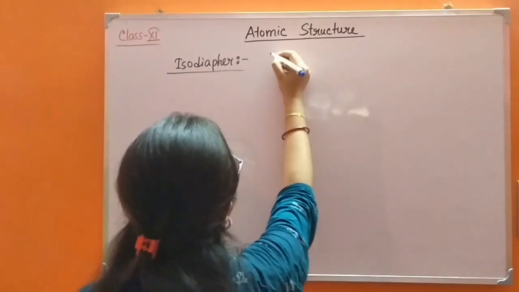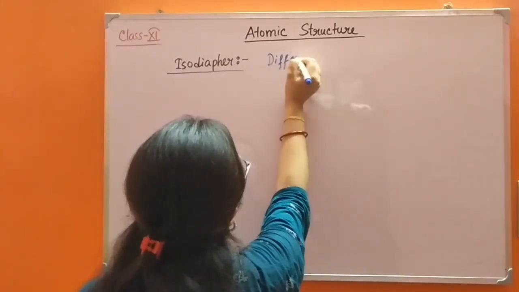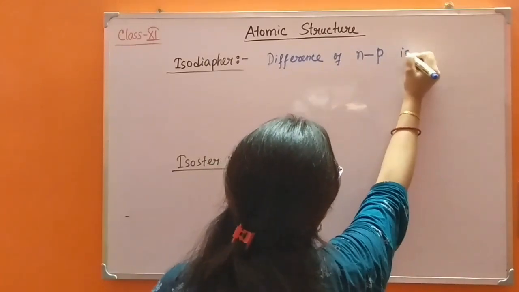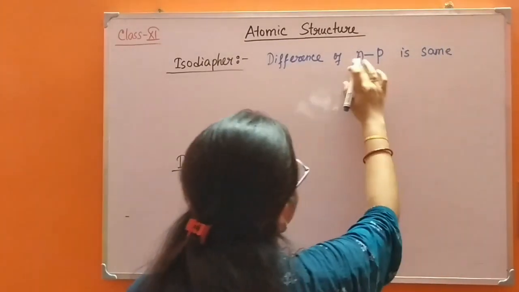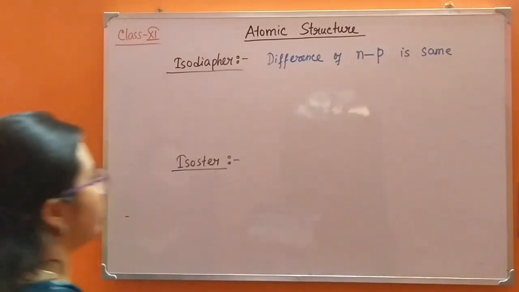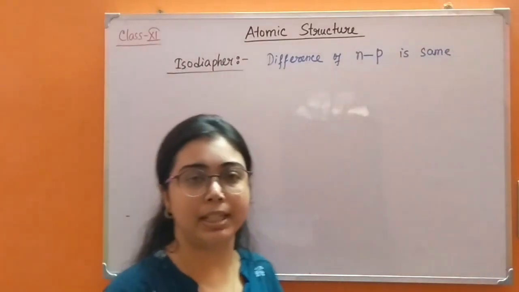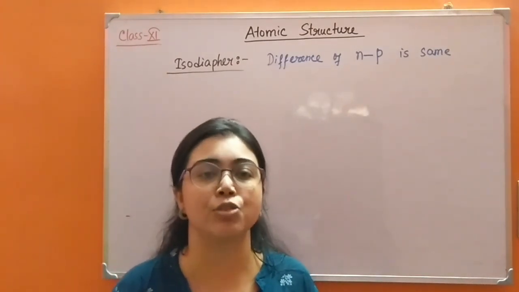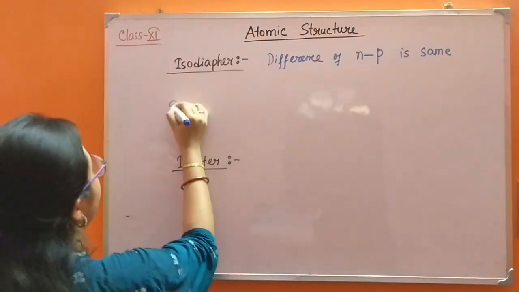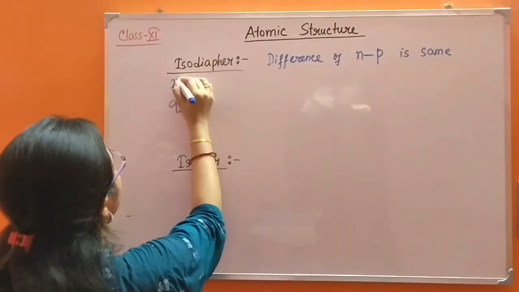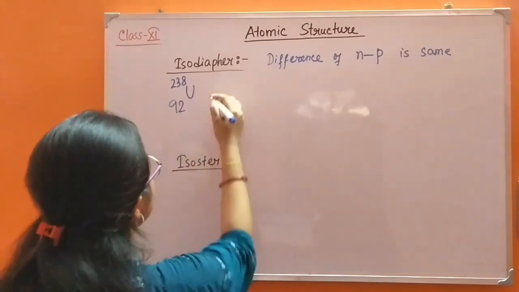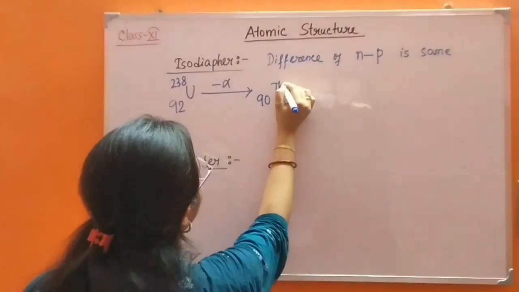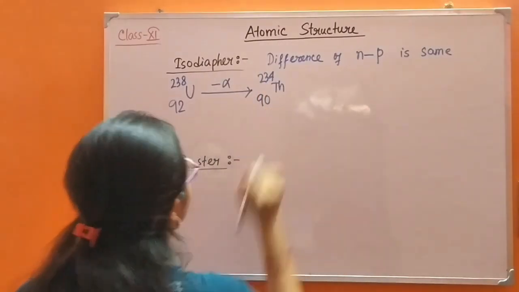Now isodiaphers. In the case of isodiaphers, the difference of neutrons minus protons is the same. N is the number of neutrons and P is the number of protons. When an alpha particle is emitted from a nuclide, a new nuclide is formed, and these two nuclides are isodiaphers. For example, when 92U238 emits an alpha particle, 90Th234 is formed.